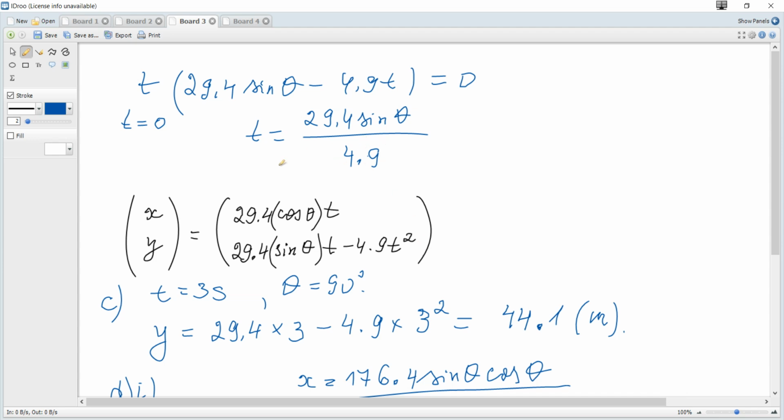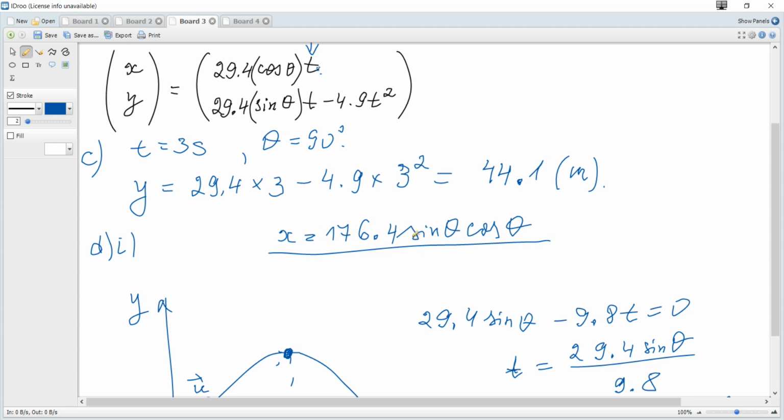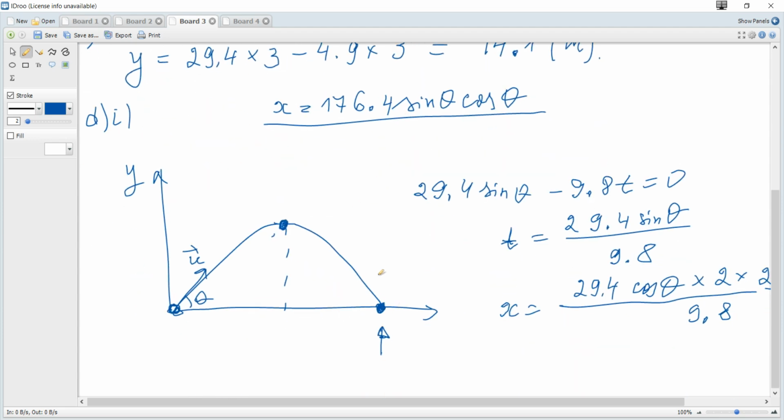And substituting again this expression for t, you get the same result. So it's the horizontal distance traveled depending on the angle between the initial velocity and the horizontal.